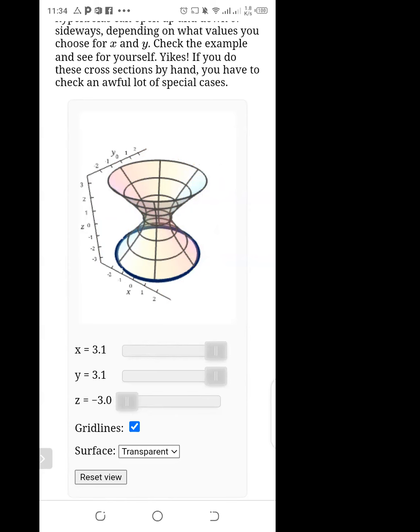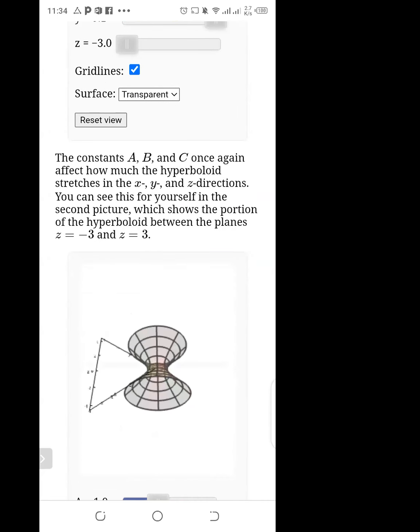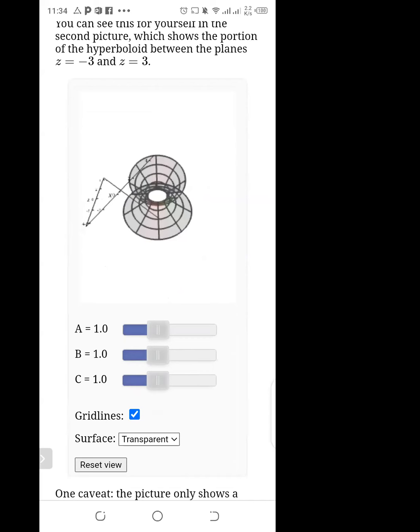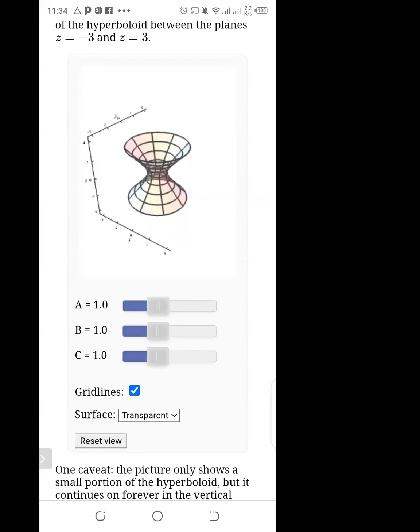What else can we discuss? So this is another one. Here, they're just telling us the effect of changing your constants A, B, and C. In this case, your A is 1, your B is 1, your C is 1, and it looks like this.